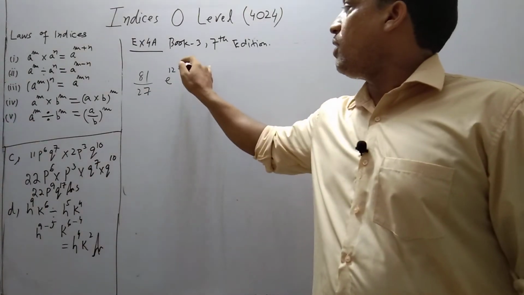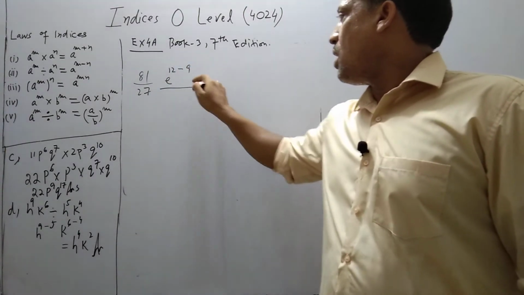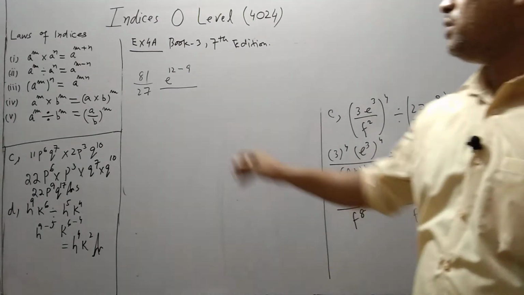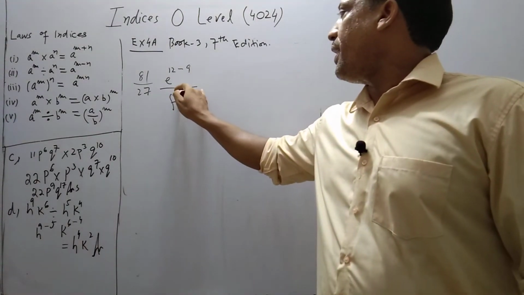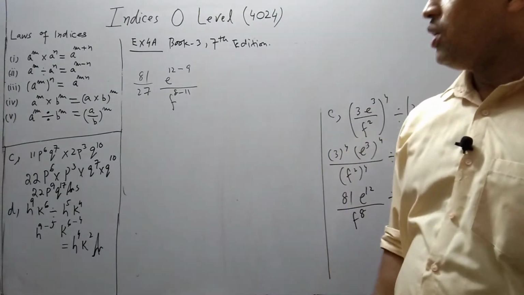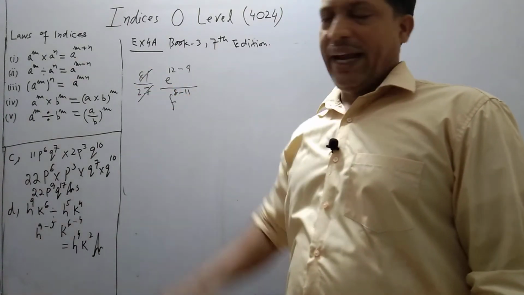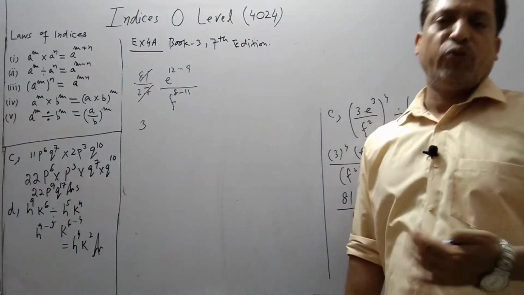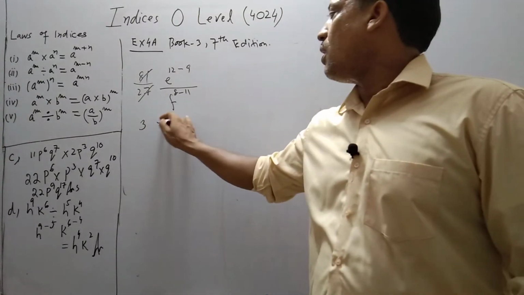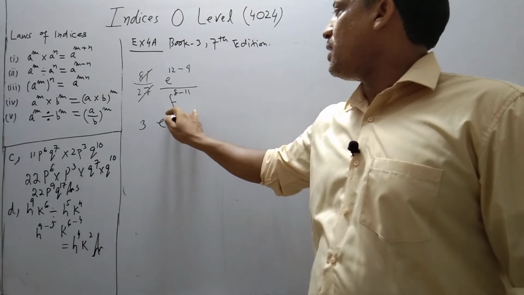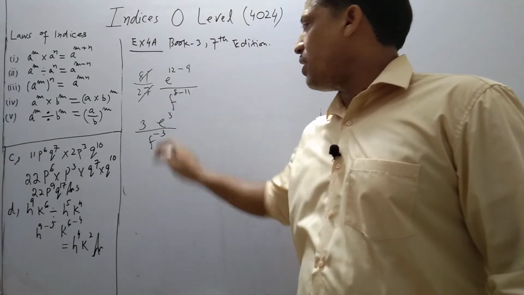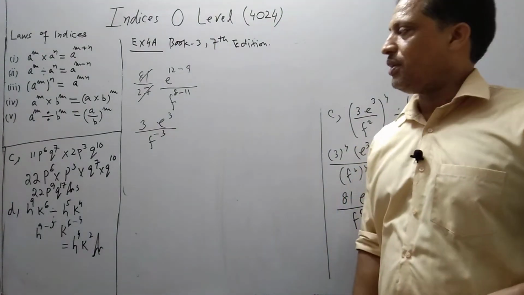So we apply the second law, 12 minus 9, upon this is f^8, this is f^11. So the answer is f^(8 minus 11). 27 cancelled by 81, because 81 upon 27 is 3. 12 minus 9 is 3. 8 minus 11 is minus 3, because we write the sign of the bigger number.